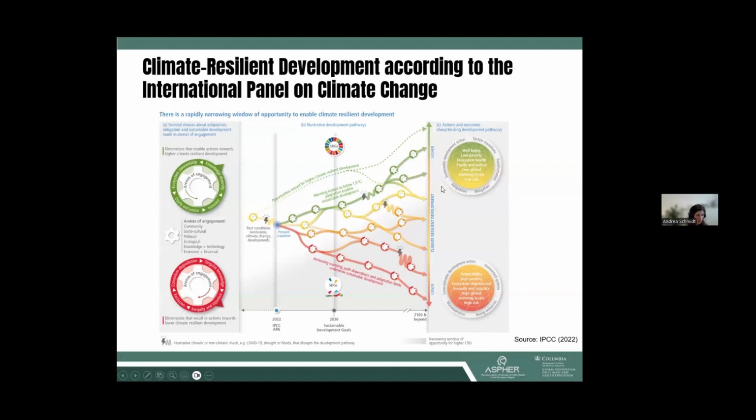And I like this graph because it also involves this green path that goes up. It shows us that we can have the vision of a better society, of a better health system, and of, for example, higher well-being, lower poverty, ecosystem health, equity and justice. So the climate resilience concept really involves this transformation part.